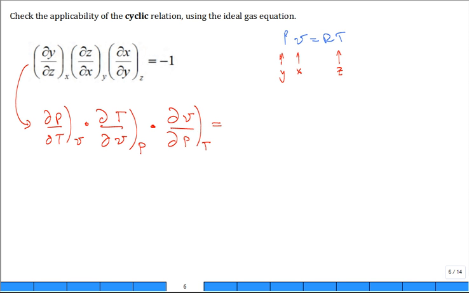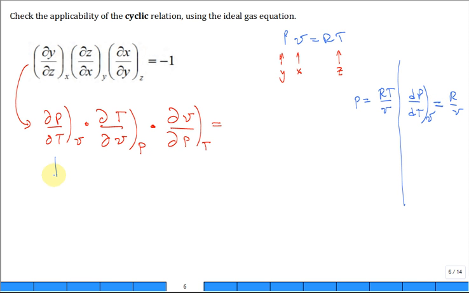So on the side, I take the time to do these derivatives. P is equal to RT over V. So the partial of P with respect to T holding V constant is what? R over V. True?